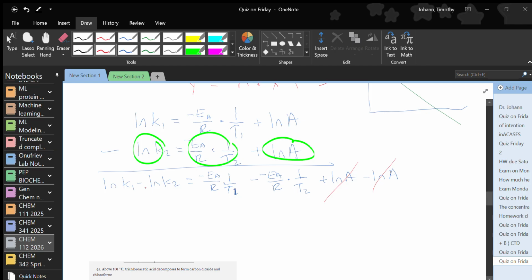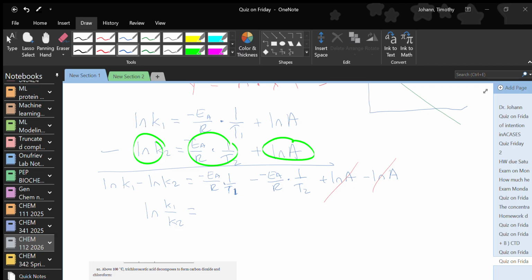And then over on the left-hand side, if I have a logarithm of something minus a logarithm of something else, that is the same as saying I have a logarithm of k1 over k2. Okay, and then I can factor out, see I have an EA and an EA over here, times this, times that.